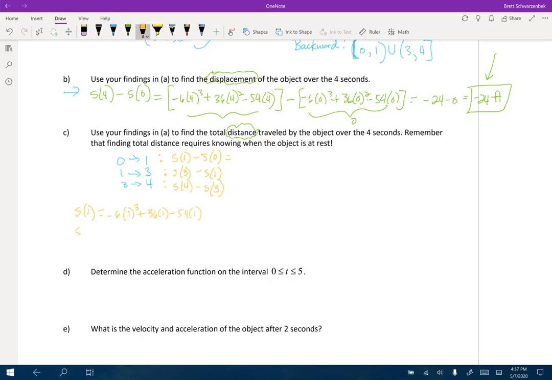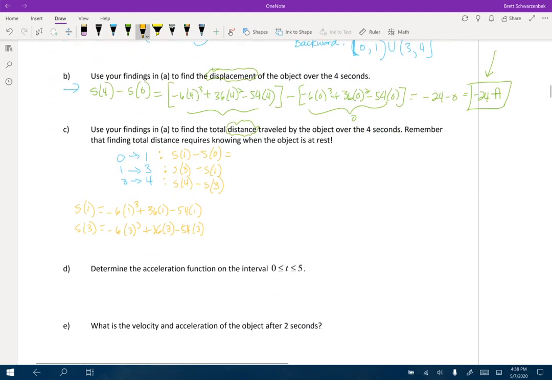S of 3 is going to be -6 times 3 cubed plus 36 times 3 minus 54 times 3. I believe the middle term is squared, so I just have a little bit of a typo there. So when we calculate these, we're going to get specific values. S of 1 is going to be -24 if you put this in the calculator. S of 3 is actually going to be, it looks like 0, interestingly enough.